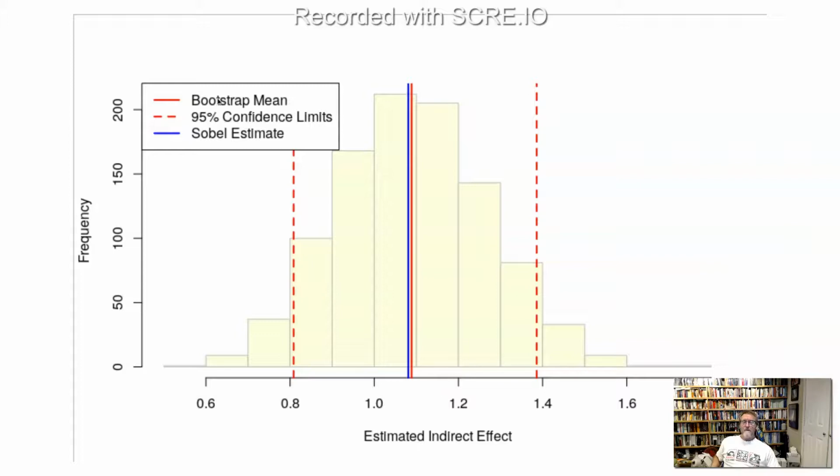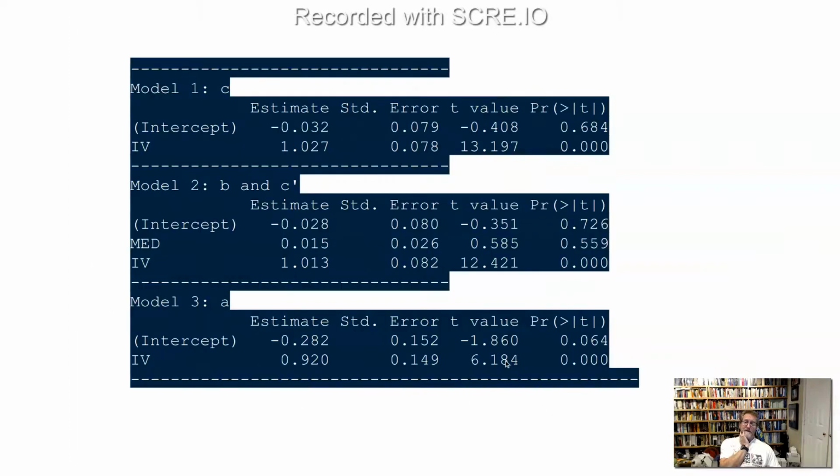I have a bootstrap mean. That means that I take multiple random samples from my sample of sample size, and I do it k number of times. In this case, I think it defaults to 100, but it might be 1,000. Based upon that, I can calculate my 95% confidence intervals based upon z's, essentially, or t distributions.